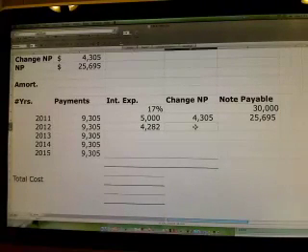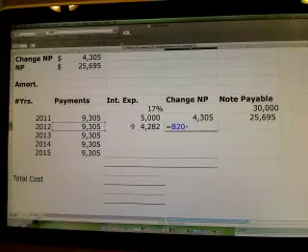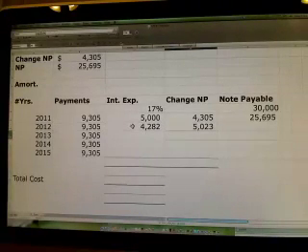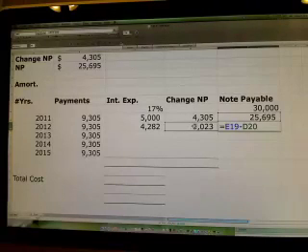For my change or my principal in the note payable, I take 2012 payment minus 2012 interest expense. To find the note payable, we take the new balance of the note payable minus the 2012 change in note payable.